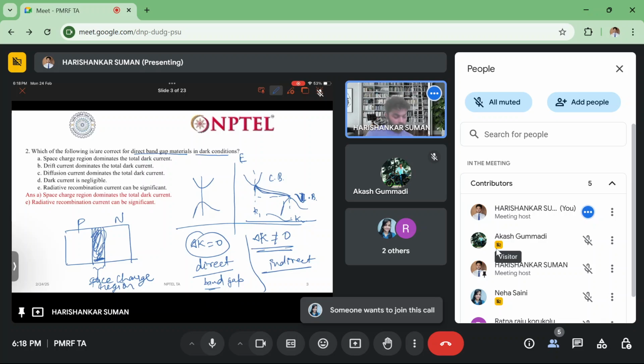Okay, so here the total dark current is dominated and radiative recombination current can be significant.